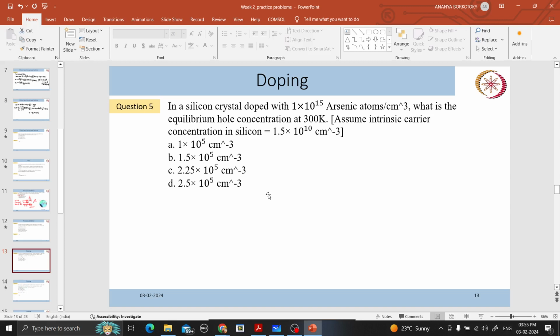That is known as the mass action law, right? So you can use it and tell me the answer.